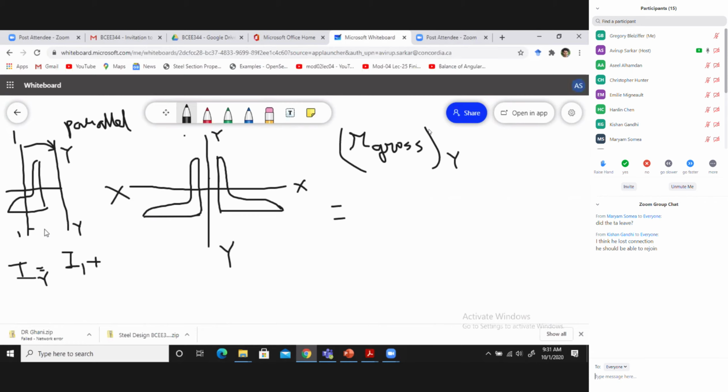Say for example this distance is d, okay, plus the area of the section times d square.